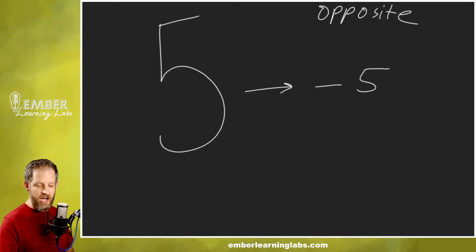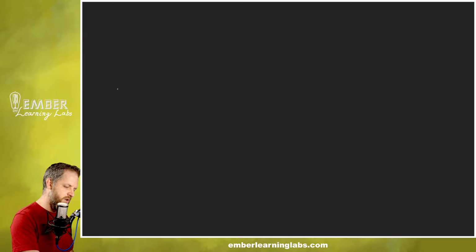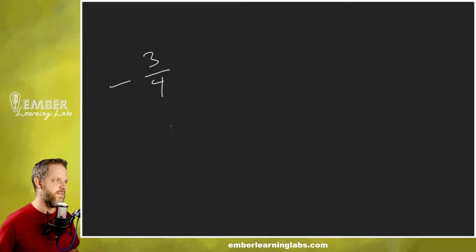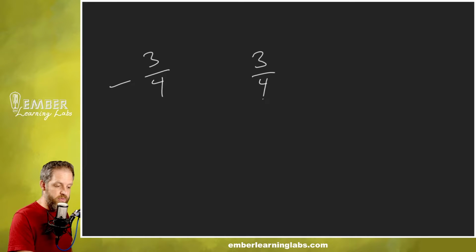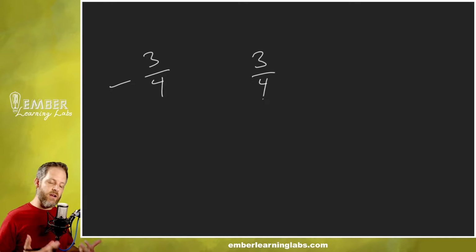What is the opposite of -3/4? We got a rational number in there. What is the opposite of 3/4? It's +3/4, right? So that's what we talk about when we talk about number opposites.